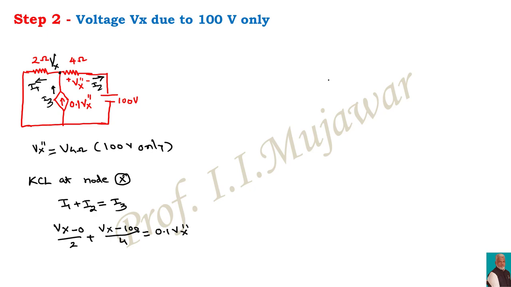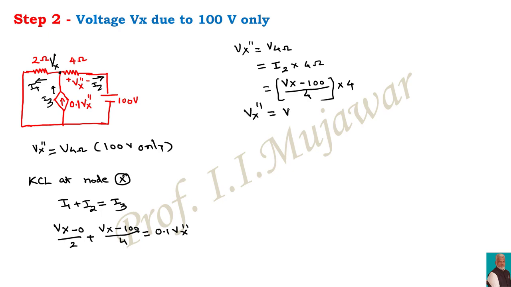Now Vx double dash is nothing but the drop across 4 ohm. That drop is the current through 4 ohm, which we have assumed as I2, into 4 ohm, and the value of I2 is Vx minus 100 by 4. So Vx double dash is equal to Vx minus 100, or Vx equals Vx double dash plus 100. Calling this equation number 2, I will use equation number 2 in equation 1.